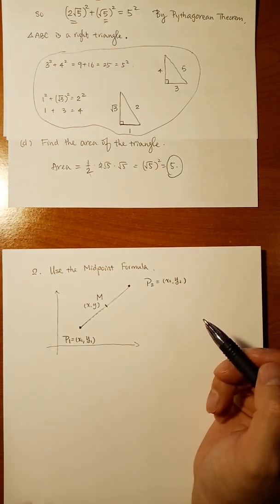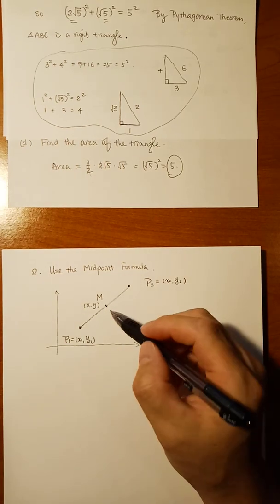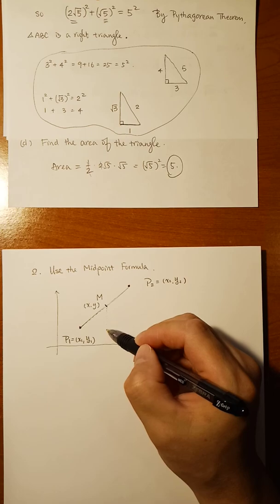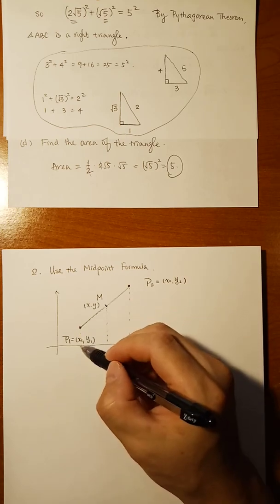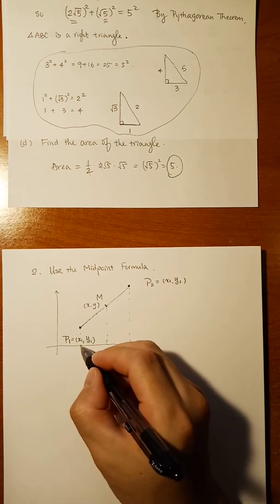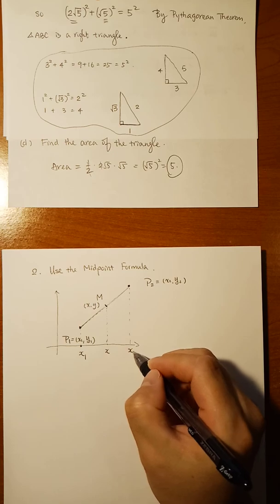What's the condition? What is the relation? Okay, first let's project it to the x-axis. We're going to study x and y separately, right? So here, this is x1, this is x, this is x2.